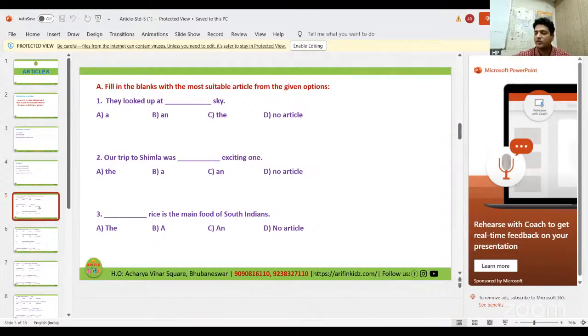Can you answer these questions? Try to answer these questions. Send me the answers in the chat box. We'll discuss the theory as well as the questions.